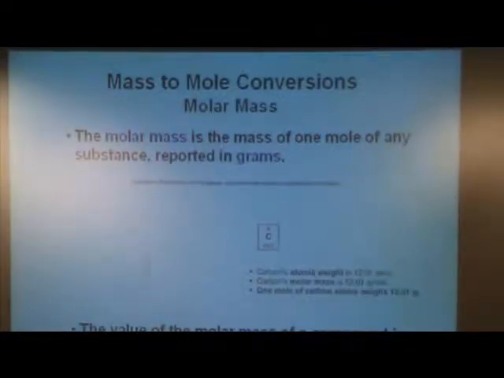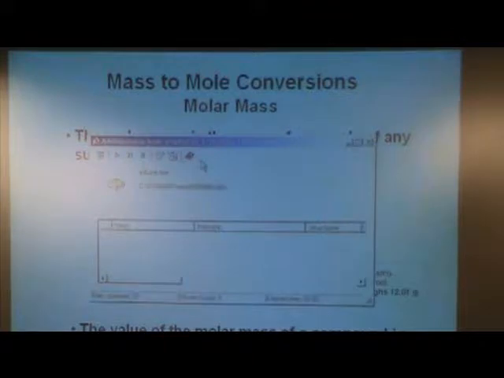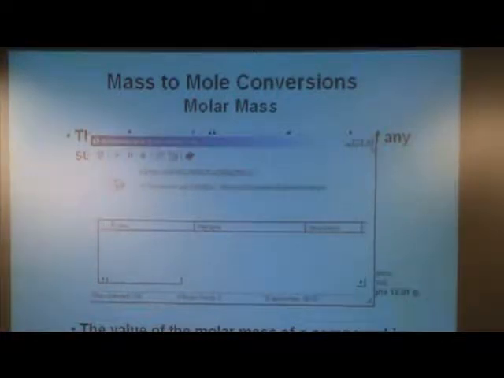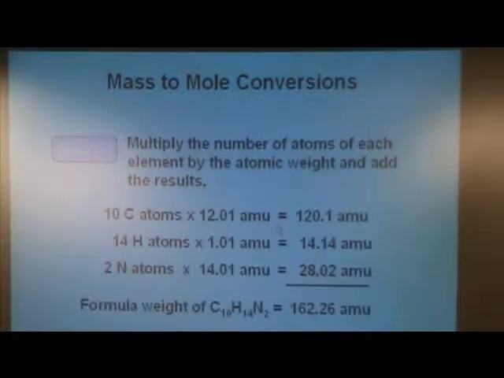Now, here is the thing. Molar mass, as I have said, is the mass of 1 mole of any substance reported in grams. Here, is it molar mass? Yes or no? No. Why?